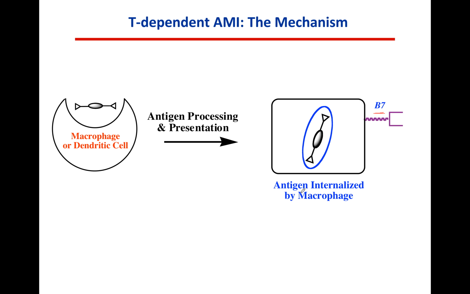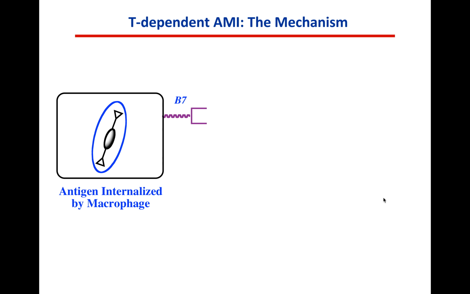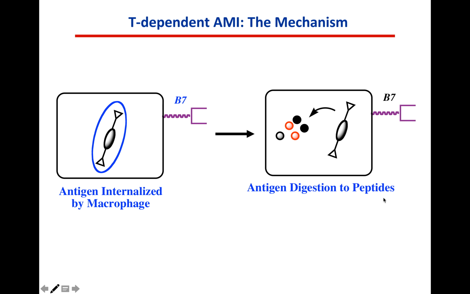This internalization by the macrophage or dendritic cells undergoes now a process in which the antigen itself is digested into a series of peptides. What I have here are these peptides, these little balls, black and red, which we've cut up basically by proteolysis.